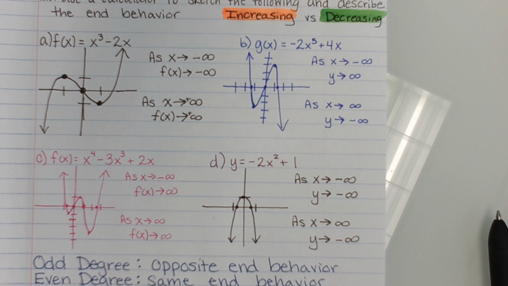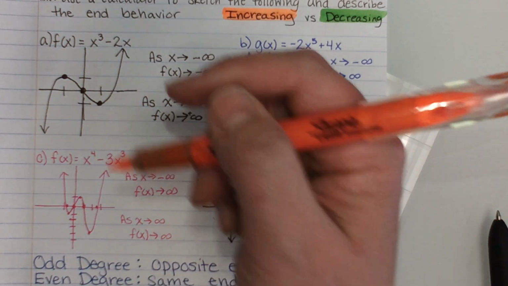So that means I start over here on my graph because this is where it is the farthest to the left on my graph. Is the graph going up or down? It's going up. Where does it stop going up? It stops going up once it reaches a high point, also known as a relative maximum.